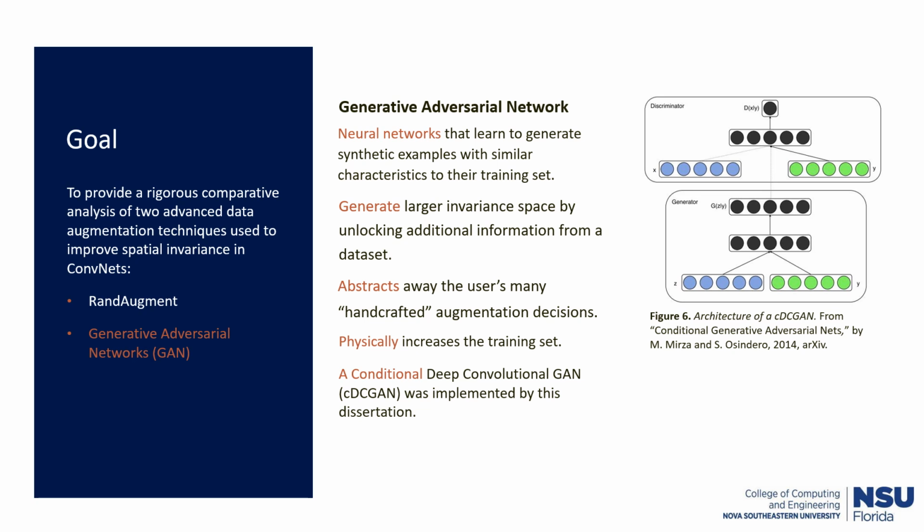And so they sort of abstract away the many hand-engineered decisions during augmentation. Now, generative adversarial networks would increase the training set physically, as you might expect, because they are synthesizing new examples. A conditional GAN would be implemented in this research for experimentation.